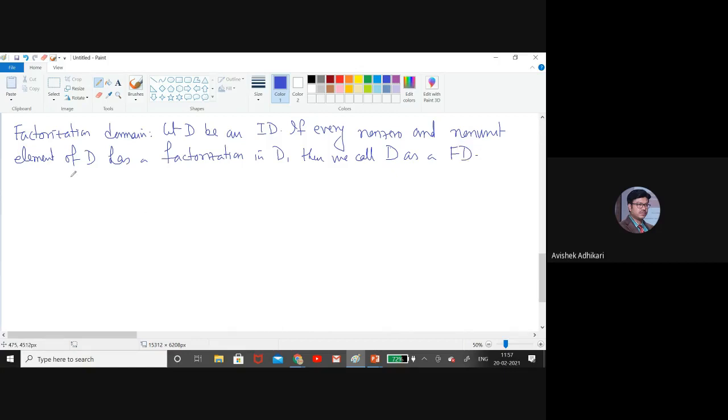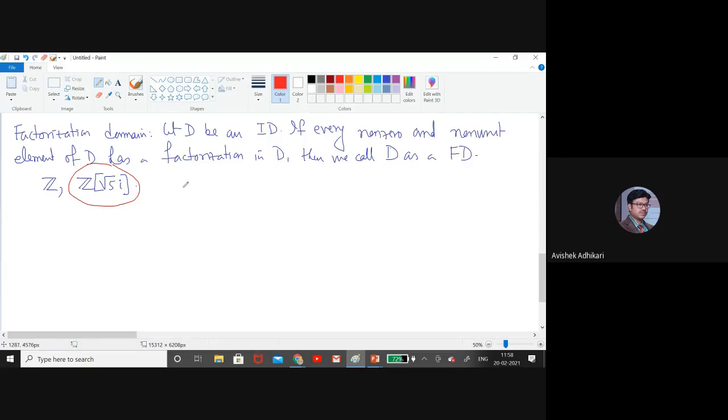Okay, so for example, Z is an example of a factorization domain. Z[root 5 i] is again an example of a factorization domain. But we must pay some extra attention to Z[root 5 i].